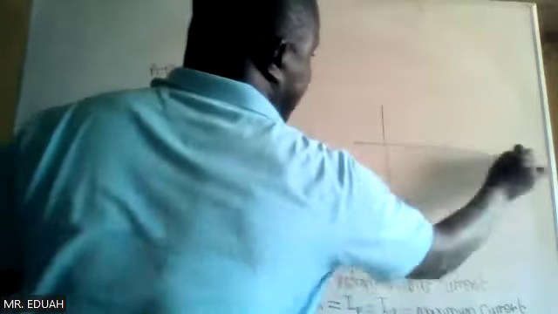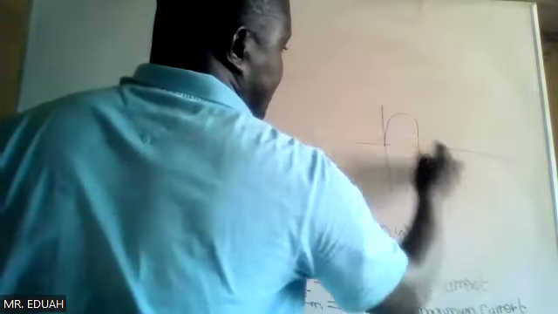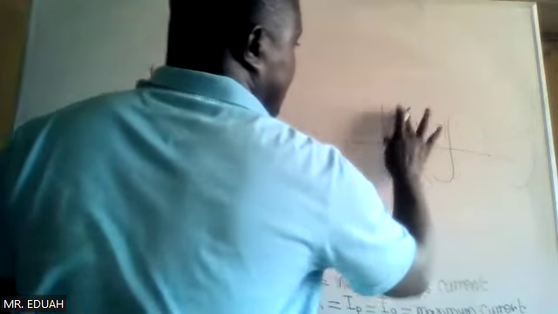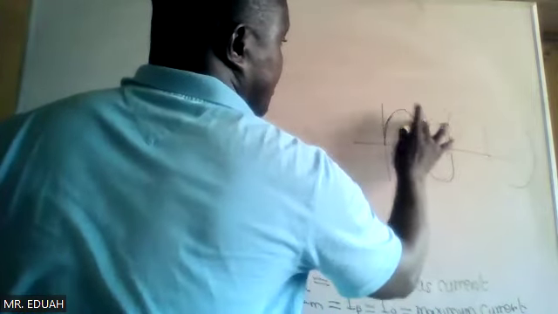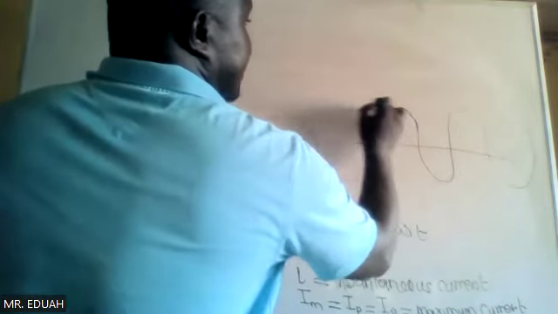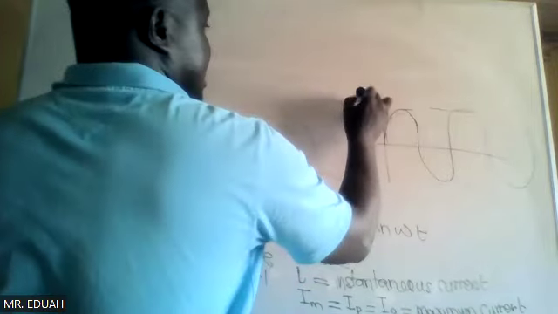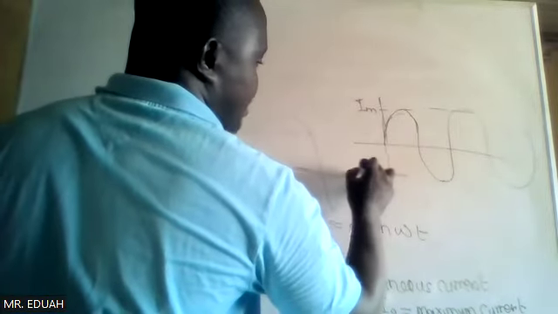When you draw the sine function, this is the maximum current, and this other side is also the minus of it.